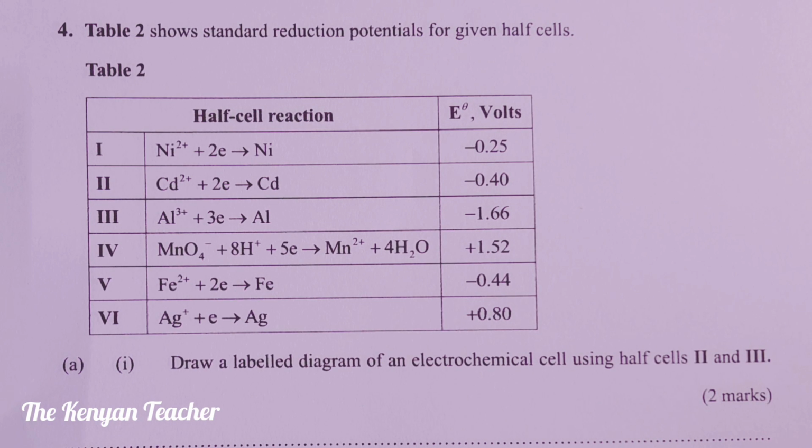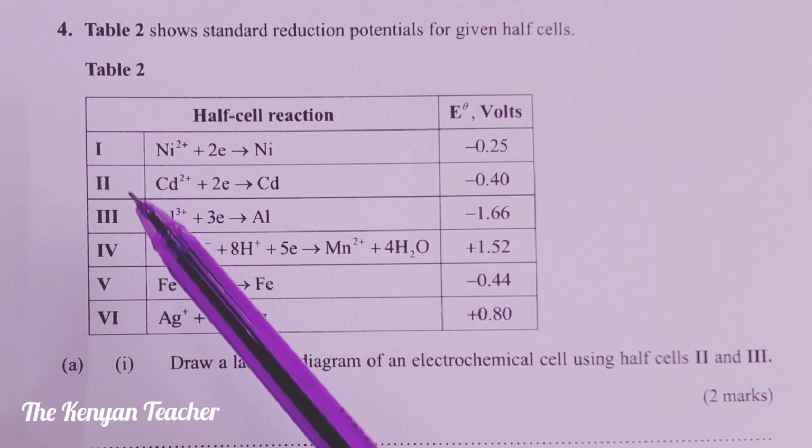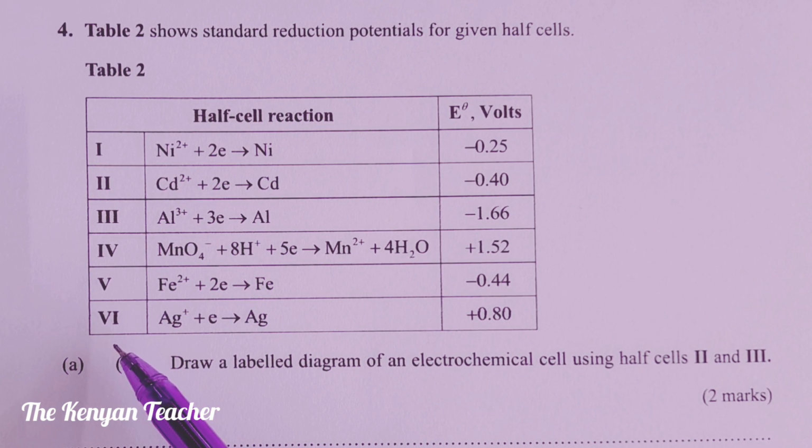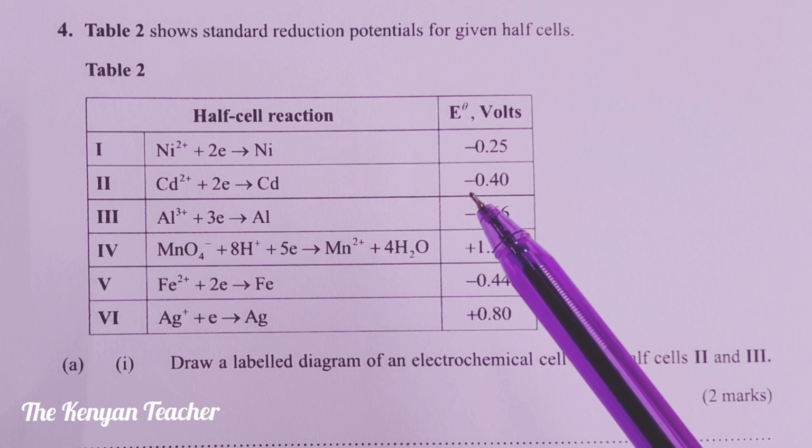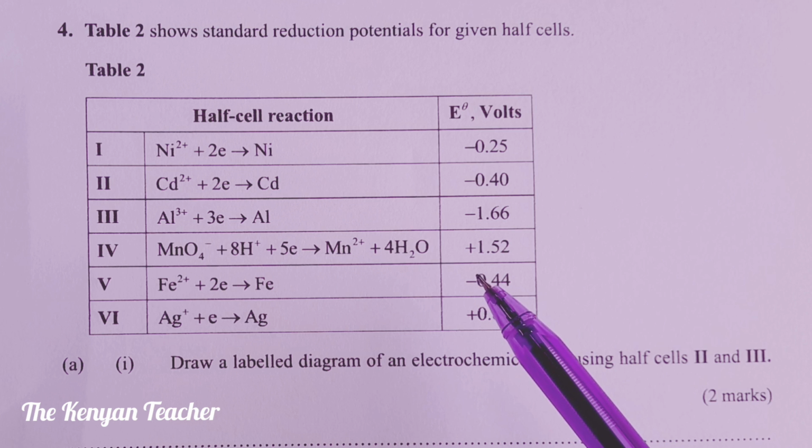Question 4 reads that Table 2 shows standard reduction potential for given half cells. So the table is here with a total of 6 half cell reactions together with the associated E0 values.